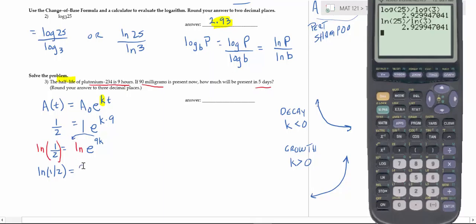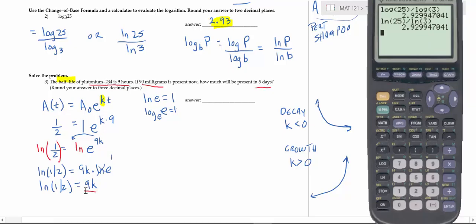Bring down the exponent, so that's 9k times ln e. Now ln of e, remember, is equal to 1, because what this means is the log base e of e, and e to the first is equal to e. So you're going to end up with ln of 1/2 equals 9k. That thing right there is 1, so that just doesn't change anything. 1 times 9k is 9k.